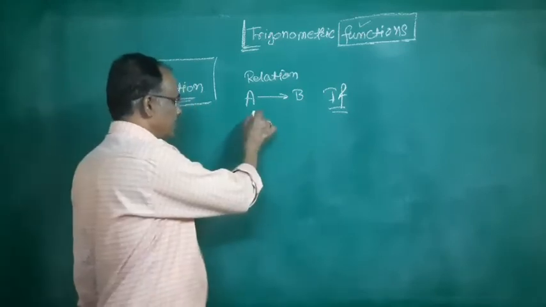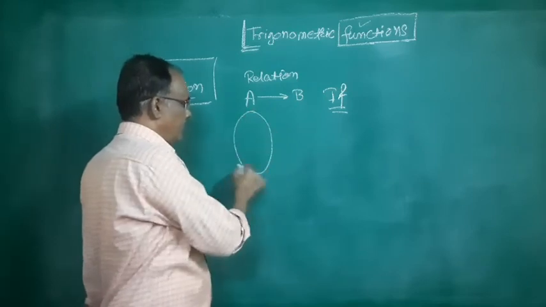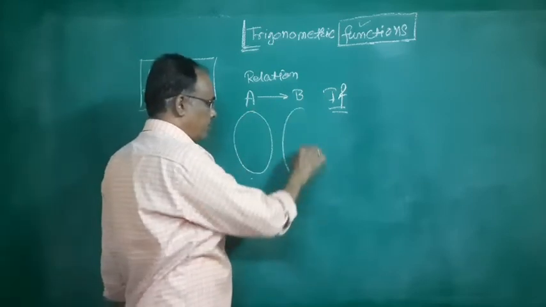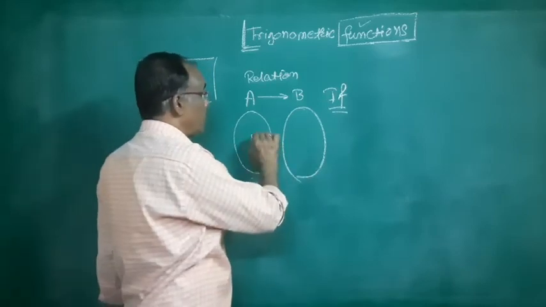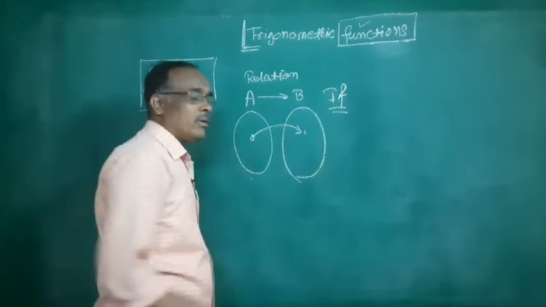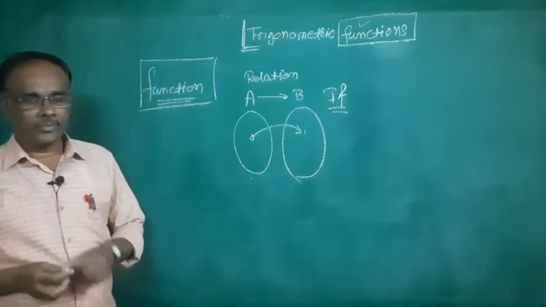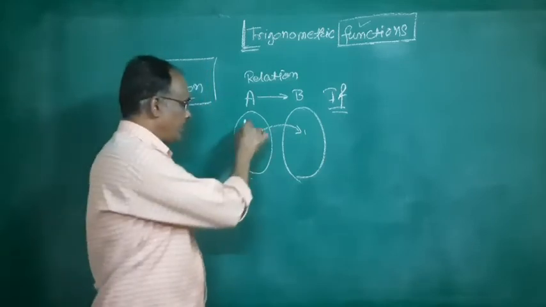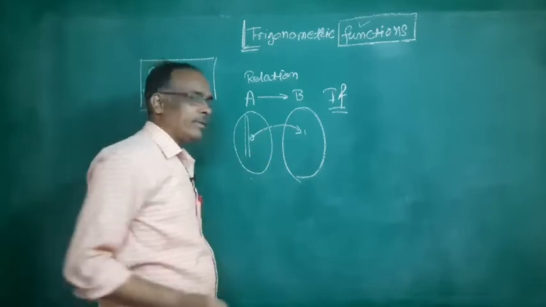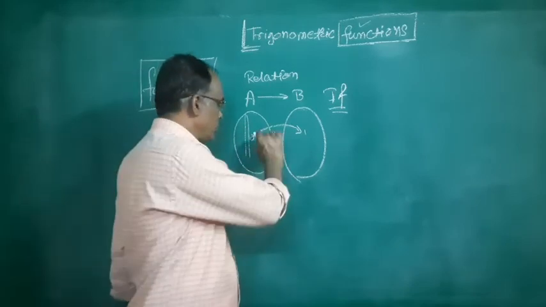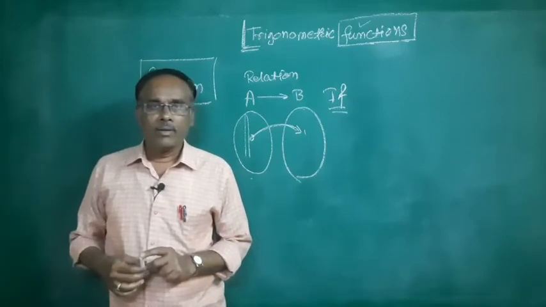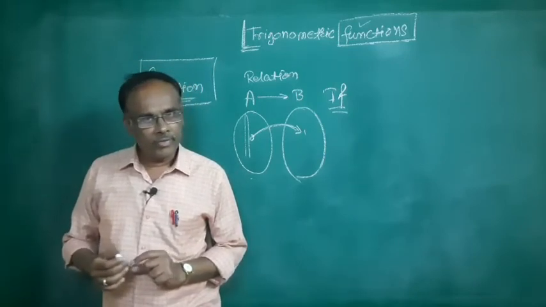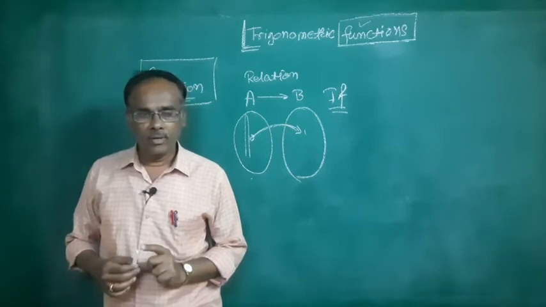Every element in set A has a unique image in set B. Unique image means a single image. Every element in set A has a unique image in set B. It's called a function.